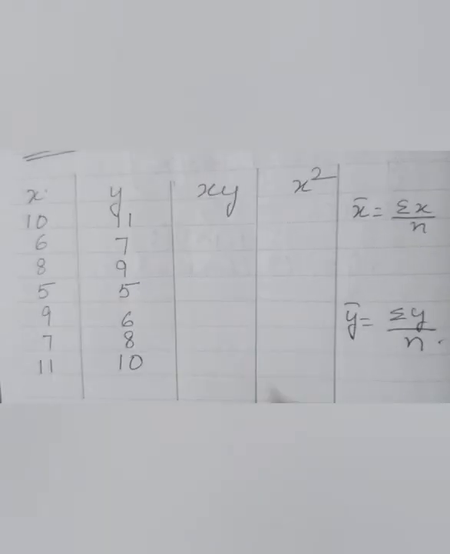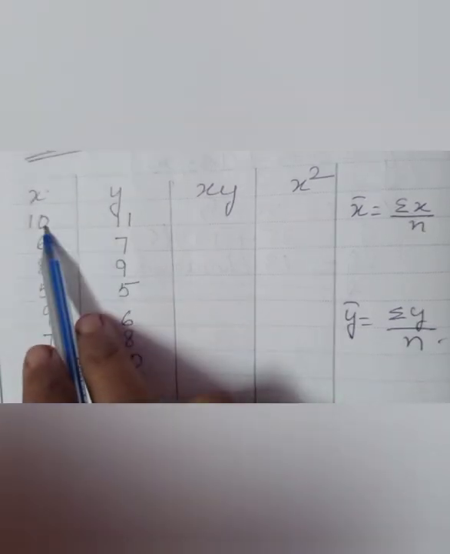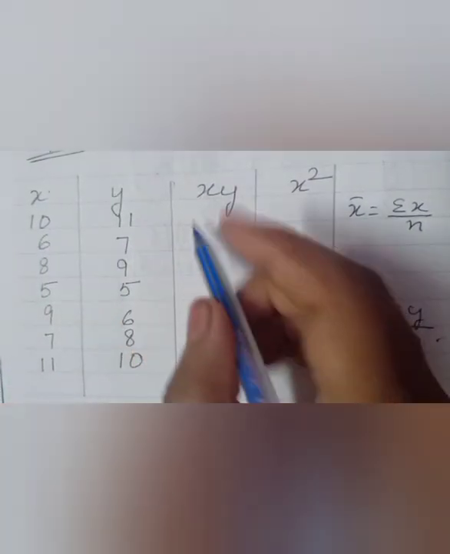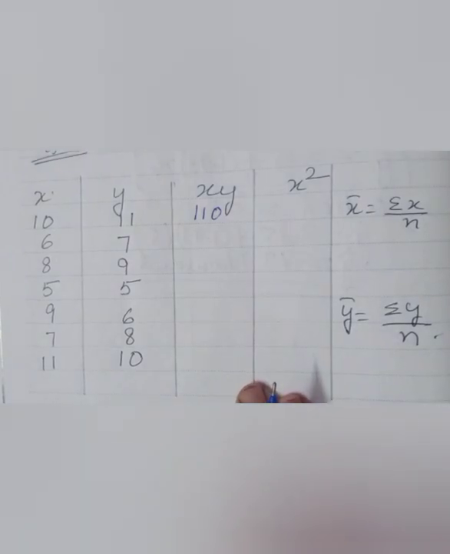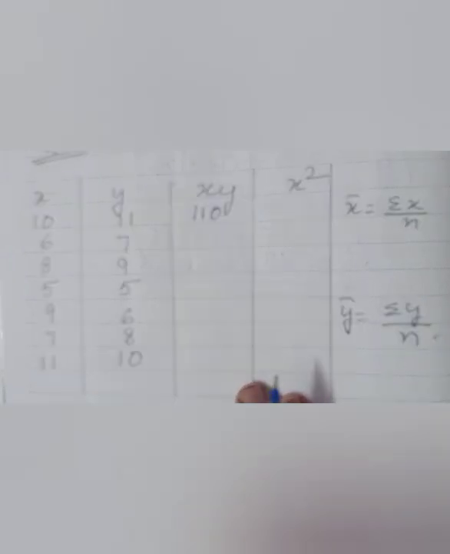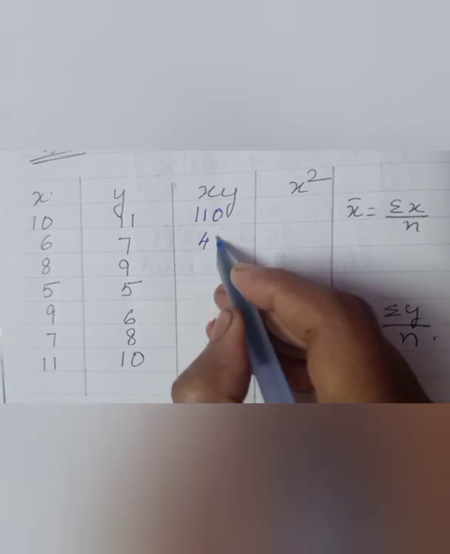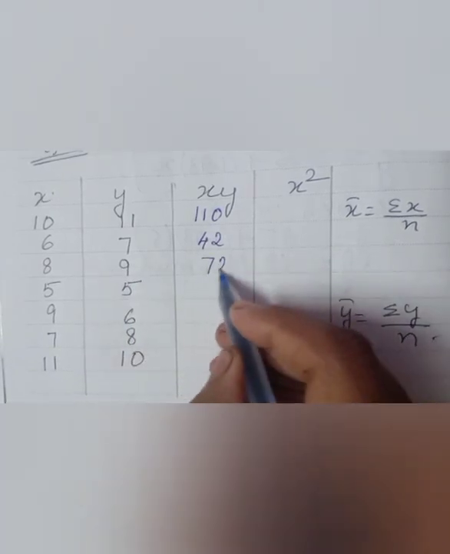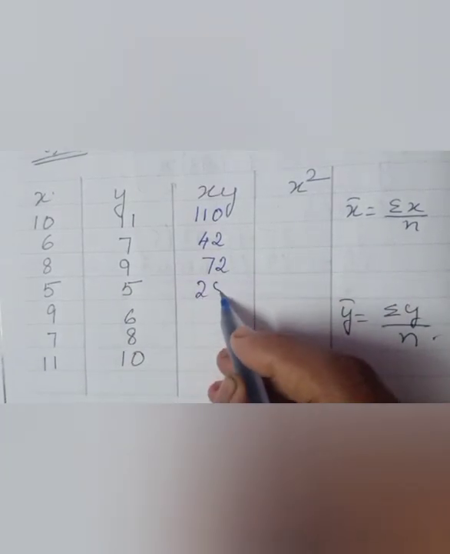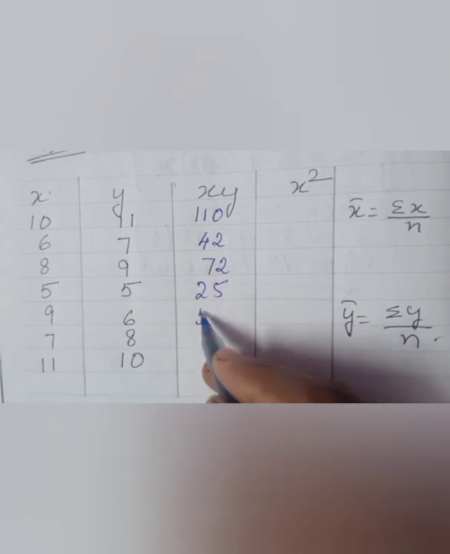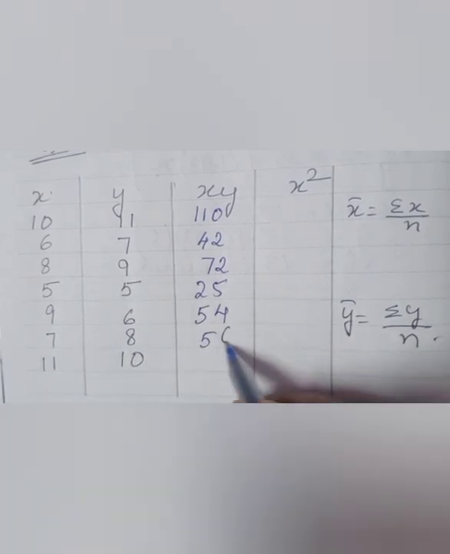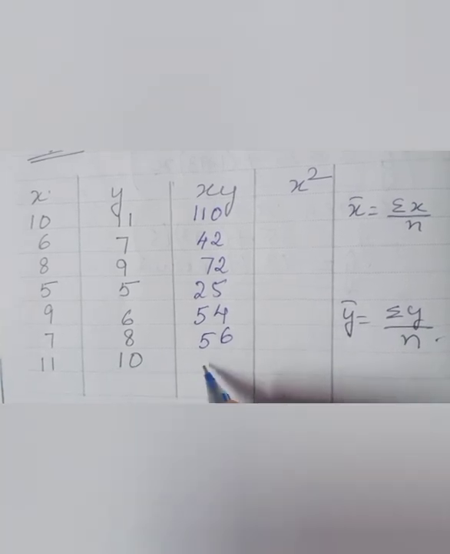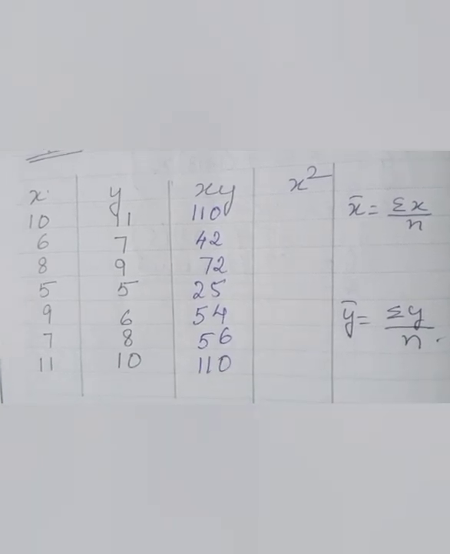So again we will be multiplying x and y. 10 into 11 will give us 110. 6 into 7 is 42. 8 9s are 72. 5 5s are 25. 9 6s are 54. 7 8s are 56. 11 10s are 110.